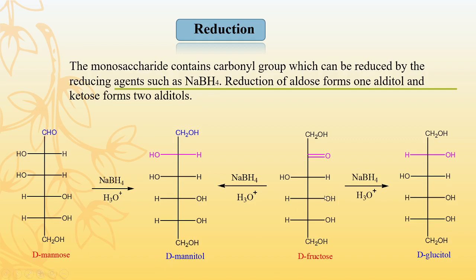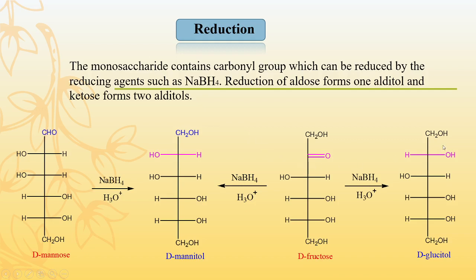NaBH4 means Na positive and BH4 negative. That means the hydride, H negative, can attack either above the plane or below the plane. This is an sp2 hybridized carbon atom. Therefore, the incoming nucleophile, here the hydride, comes from either above the plane or below the plane.